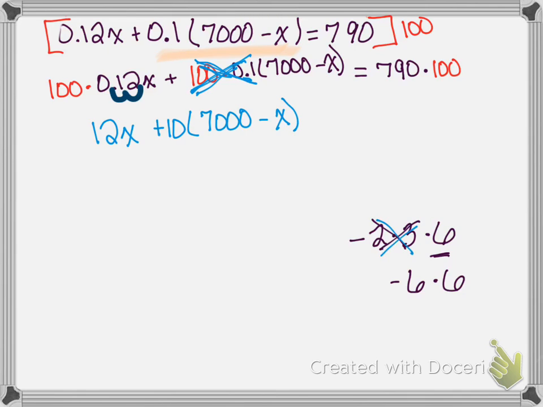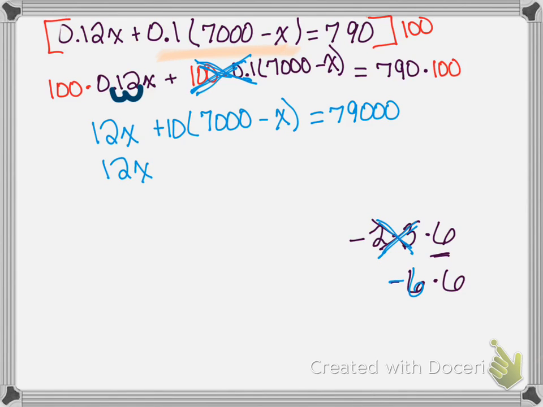Just like I dealt with the negative 2 and the 3 to get the negative 6. Okay? Then 790 times 100, I'm going to move the decimal space twice, so I'm going to add 2 zeros to that, and I'm going to have 79,000. Okay? Now at this point, students tend to do okay.